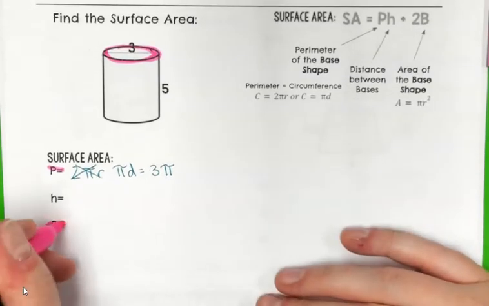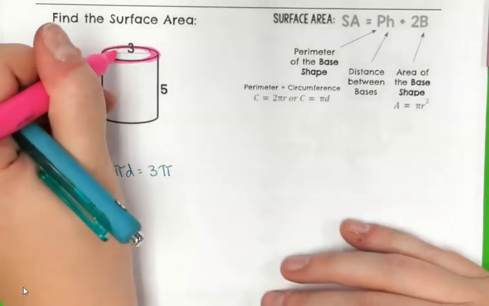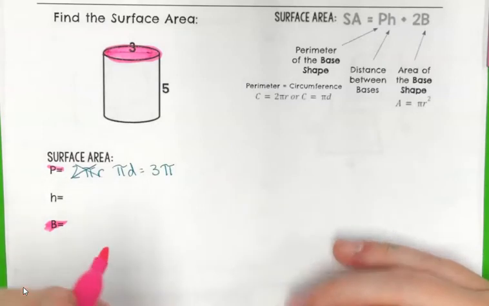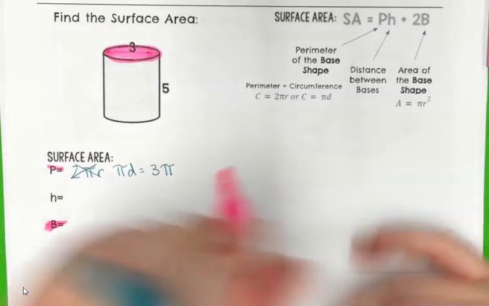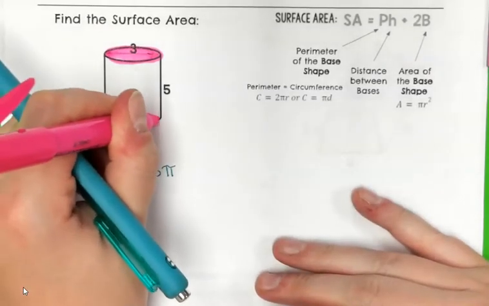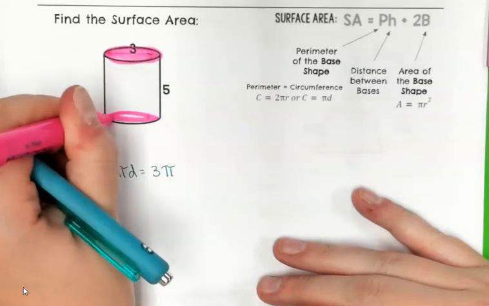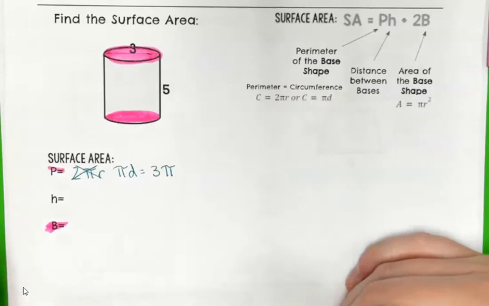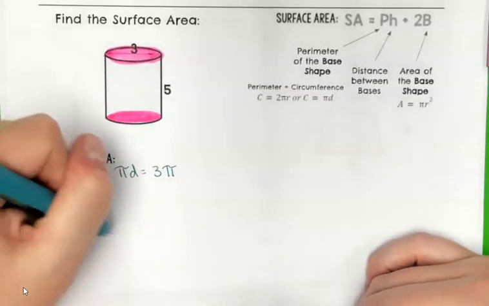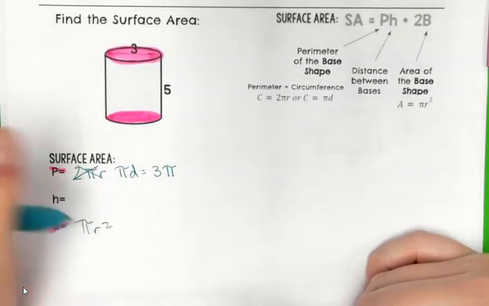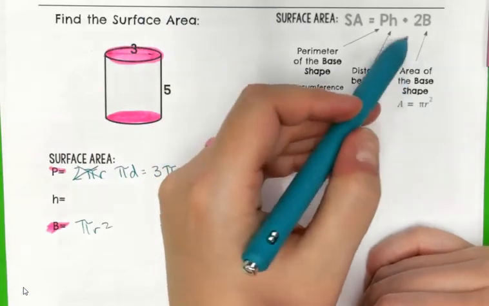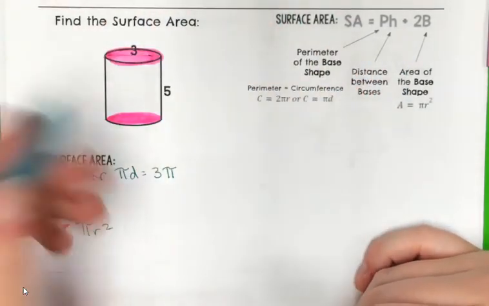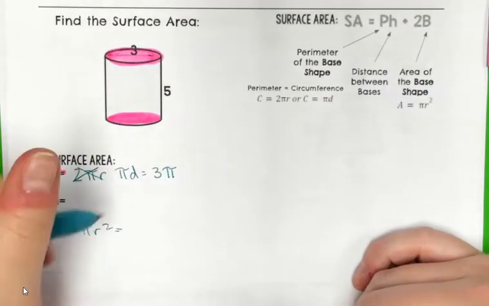And then we need the area of our base. So now I will just simply fill that in. And pi r squared is always going to be the area for the base of a cylinder, because it's always going to be a circle. So that's really convenient.